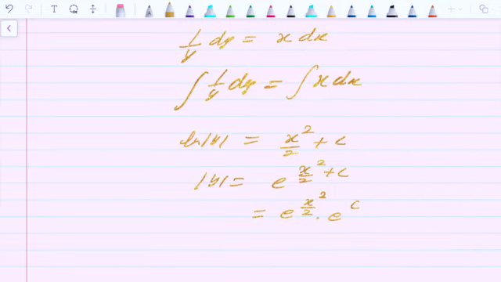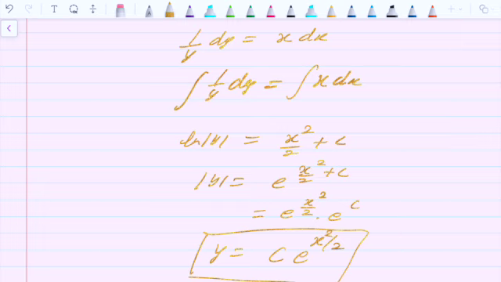So y is equal to C into e raised to the power x square by 2, where C is equal to e raised to the power c, since e raised to the power c is another constant. If initial conditions are given, let's say x is equal to 1 and y is equal to 2, then we can find the constant of integration. This is the general solution.